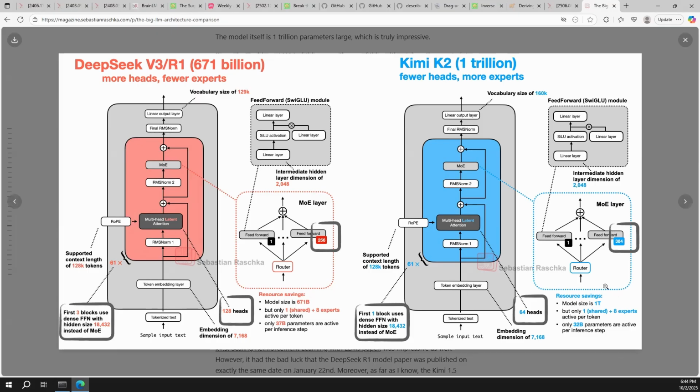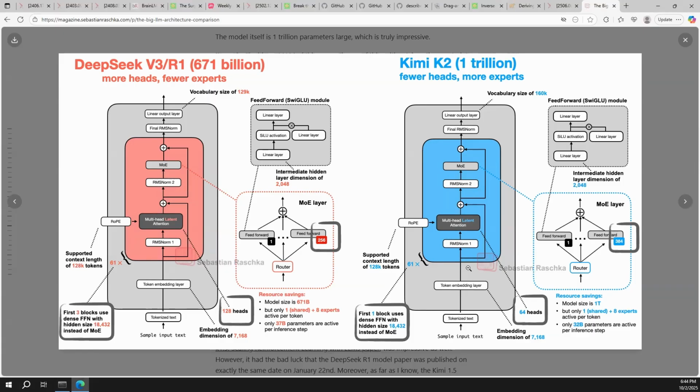And then where does it say the intermediate hidden dimension is 2048? So these experts aren't necessarily any smaller than the DeepSeek V3 experts, even though there's like 50% more of them.